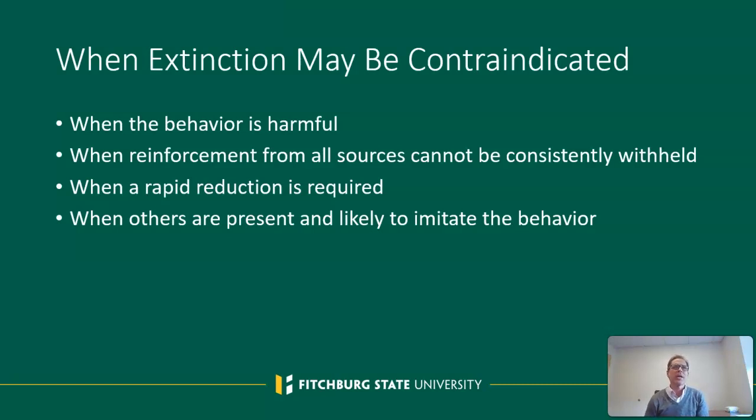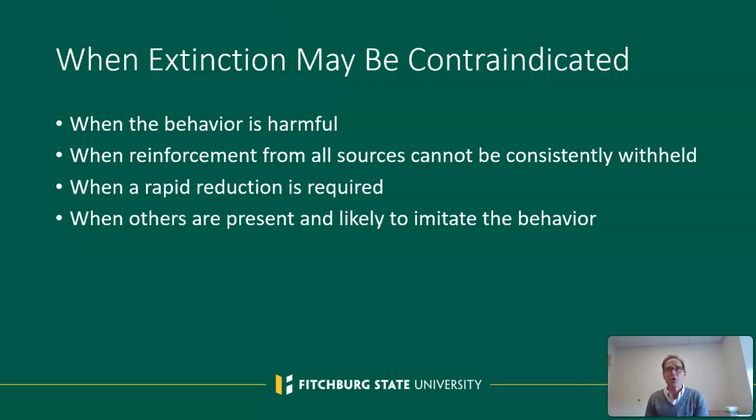Extinction may also be contraindicated when we can't consistently withhold reinforcement from all sources. So if we go back to the example where we decide that we're going to stop providing attention when some target behavior happens, but the behavior is happening in a classroom, and we know that we can't reliably count on the other students to not attend to that behavior, we're not likely to have an effective extinction procedure, and so it may be contraindicated in that situation.